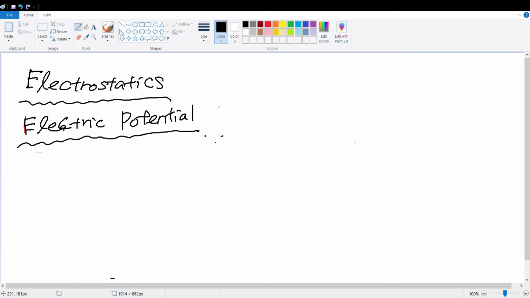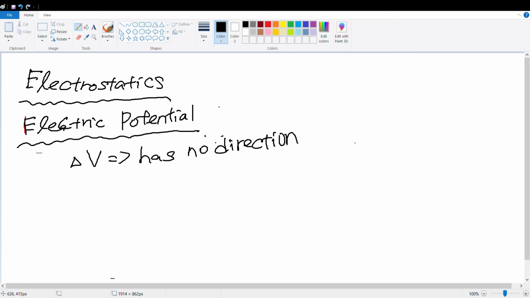So from here, what we need to know is actually the direction. The electric potential does not have a direction, so V has no direction. And to be noted, the electric potential or the electric potential energy can be either attractive or repulsive due to the electrostatic force, which can be attractive or repulsive.